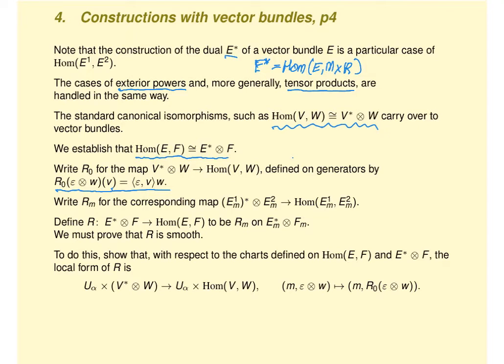So write Rm, R sub m, for the corresponding map on the fibre over m. Okay, and then define R to be essentially the union of all these Rm.